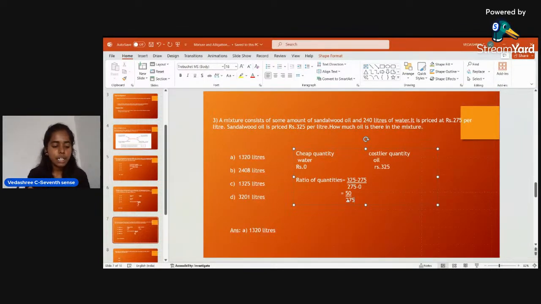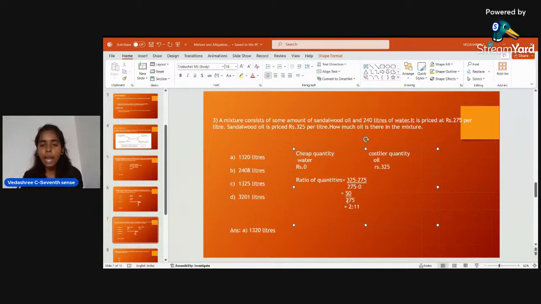So now what will be the ratio? We'll divide this by 25. 25 twos are 50 and 25 elevens are 275. So the ratio will be 2 is to 11.